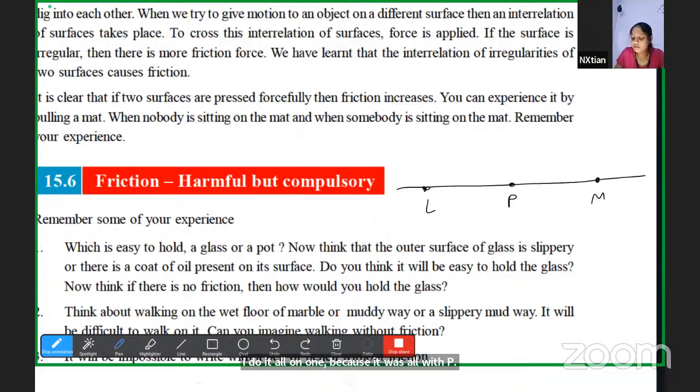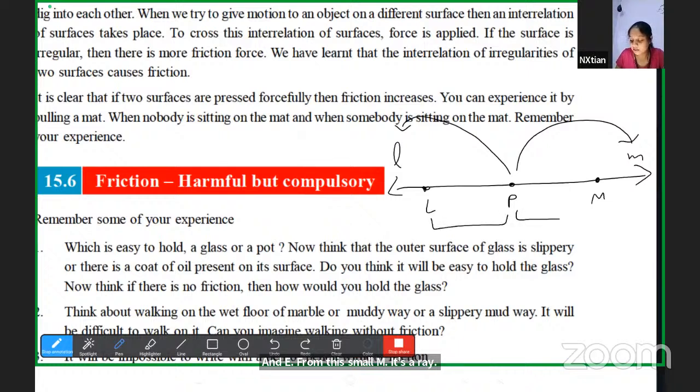And then the rays can also be made like this. If you go from this P to this L, this is a ray. And from this small m, it's a ray. But if you go from P to L, this is a line segment, and this is also a line segment. Okay? Yes. All right.